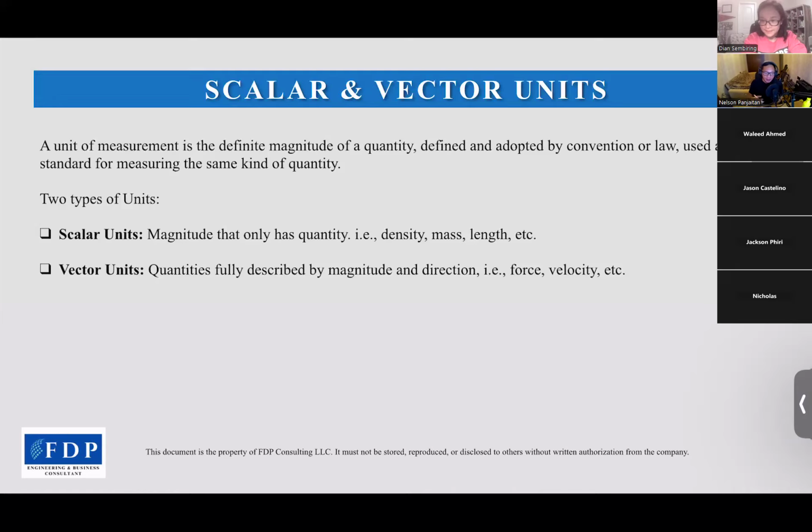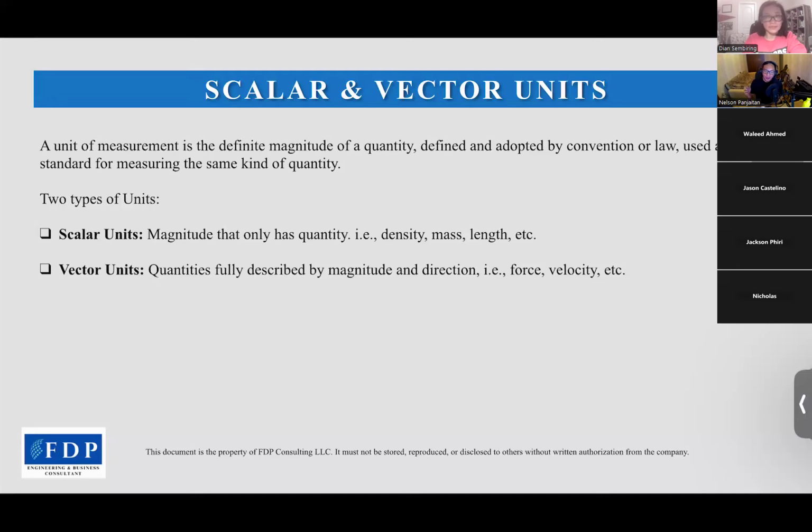And the second is the vector. A vector is a quantity fully described by magnitude and direction, like force, velocity, like that. So the difference is only in the direction. The scalar doesn't have a direction, and the vector has a direction. Vectors we can combine.